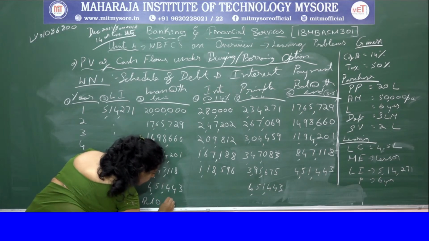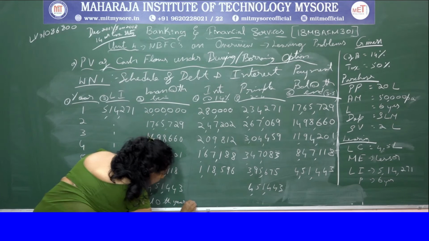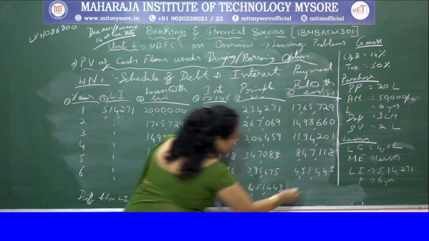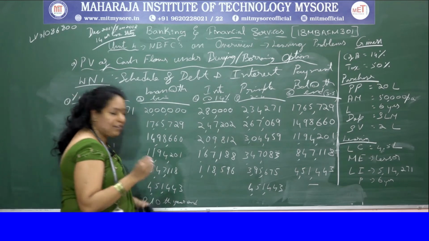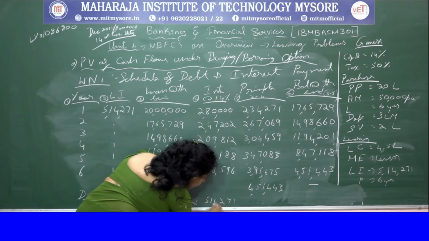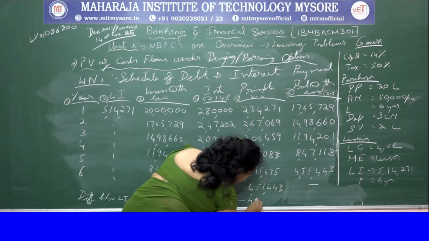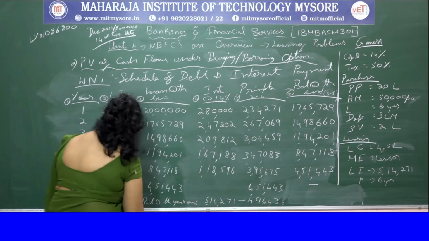Balance at the year end is same. It has to match. So 5,14,271 minus 4,51,443.